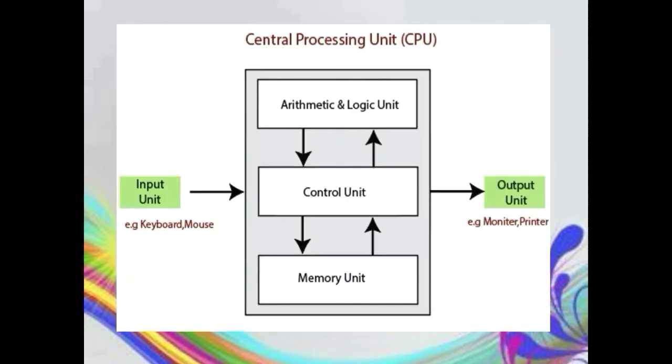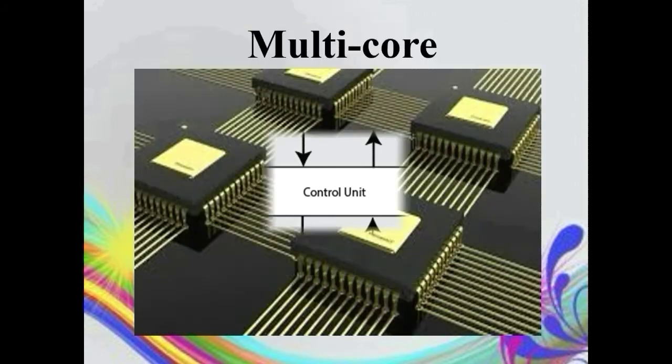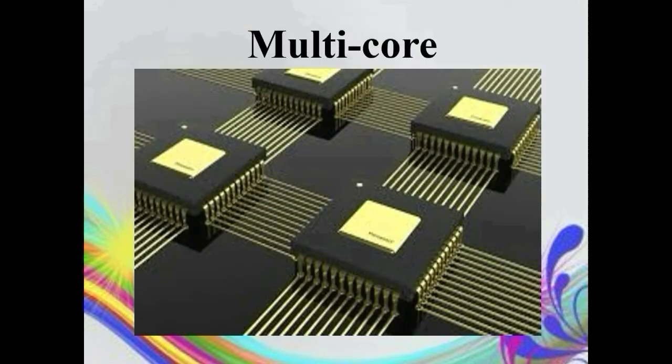Since a computer's performance depends on the speed of processing by its CPU, manufacturers began looking for ways to increase the processing power of CPUs. Modern CPUs are multi-core, that is, they contain multiple processors put together in a single unit.